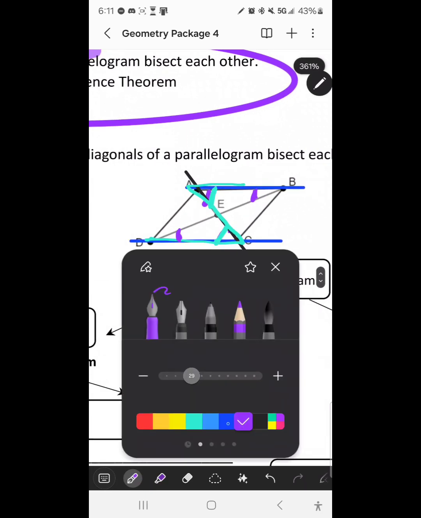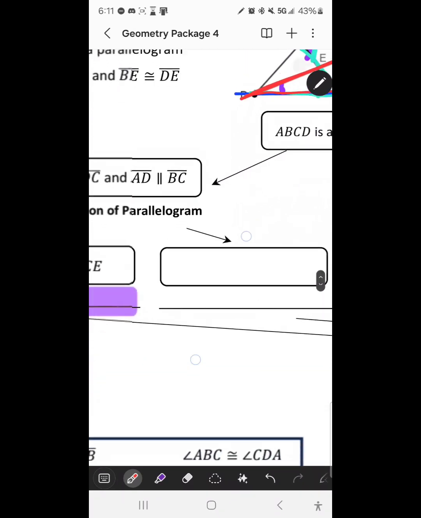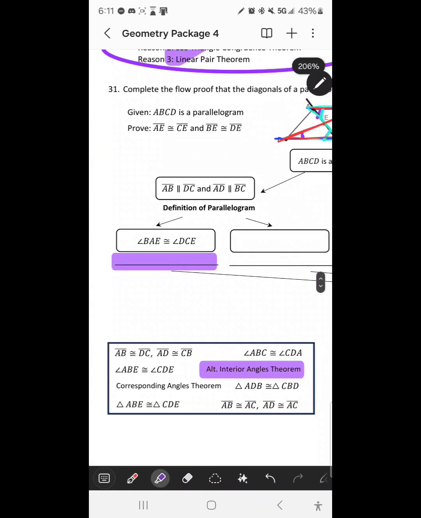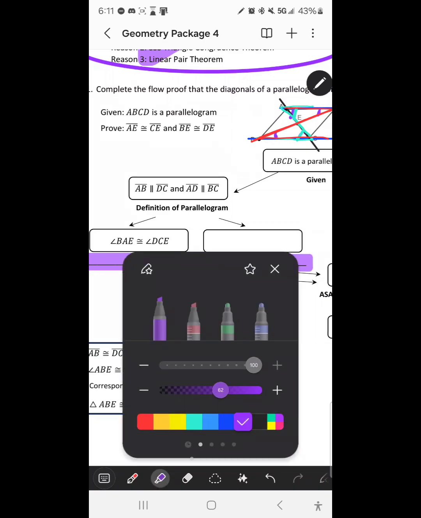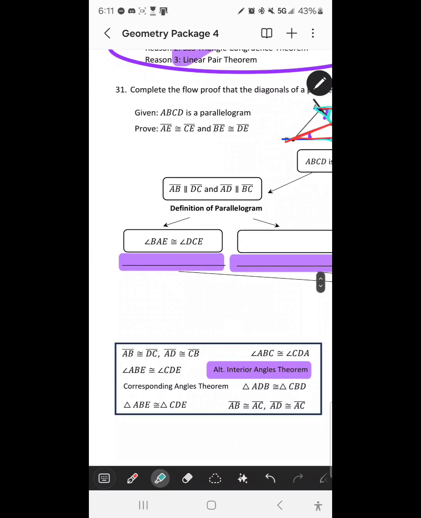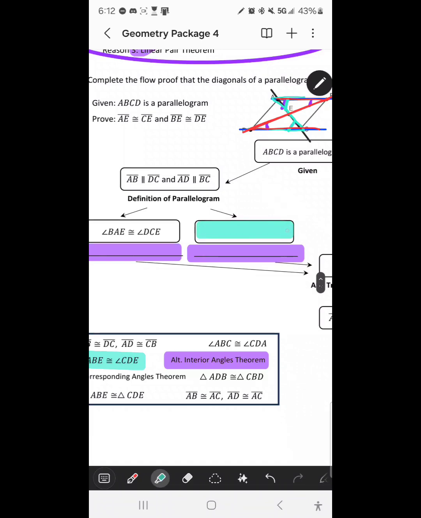As you can see, by this line, we make a Z. Now the Z is to the other side, which also means the alternate angles theorem. So this is also the alternate angles theorem, and the ones that we're using are ABE and CDE. So ABE, CDE is what goes here.